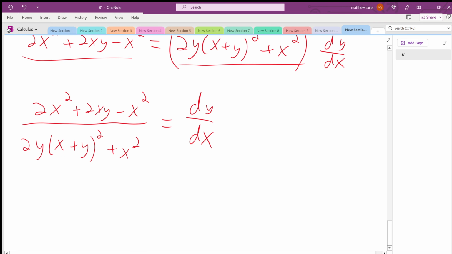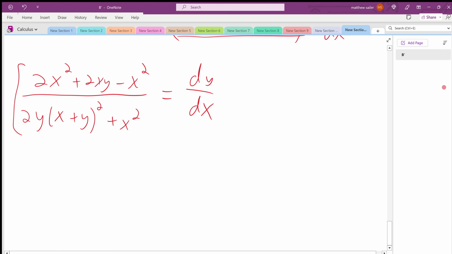Alright, we can clean this side up here a little bit though. There's still things in brackets that are squared. This negative x squared can be taken away from this 2x squared. So let me clean this up a little bit. So on the top, negative x squared, 2x squared, that 2 can go away. So on the top, we're just left with x squared plus 2xy.